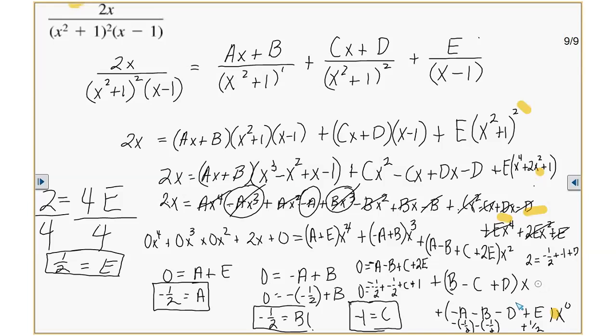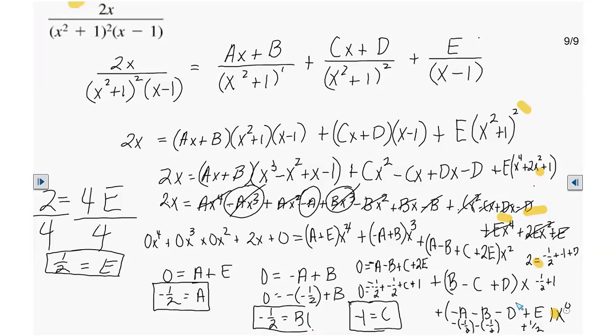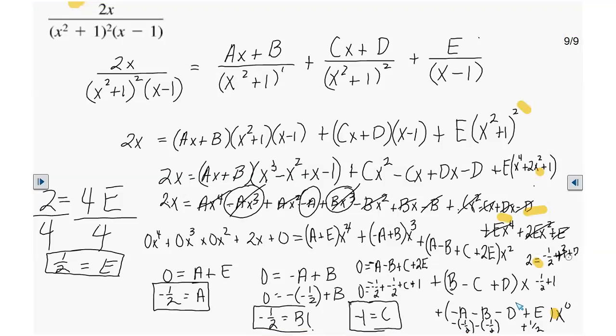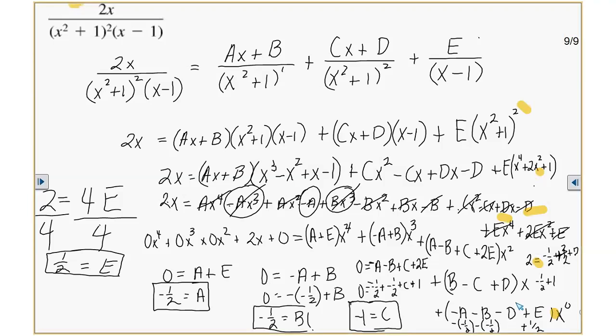Negative 1/2 plus 1 plus D is equal to 2. So I messed up that right there. Plus 1. So that's plus 2/2. So negative 1/2 plus 2/2 is 1/2. But still, something's wrong.